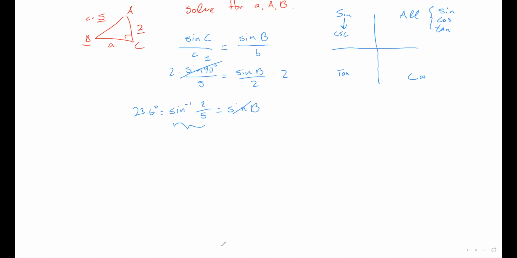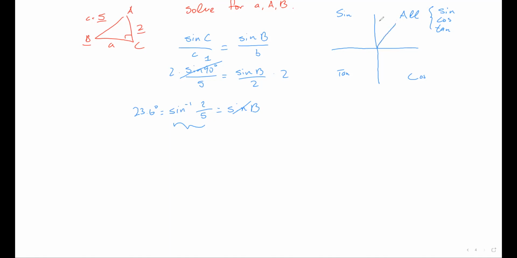So just keep that in mind. So anyway, the reason why we have the potential to have multiple values is because our sine function could spit out multiple values.